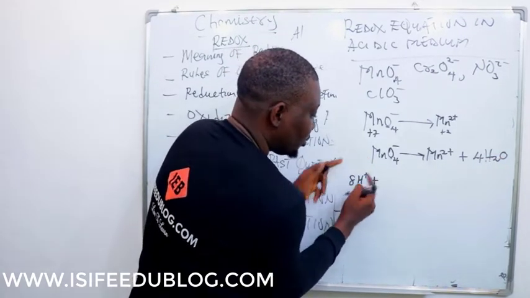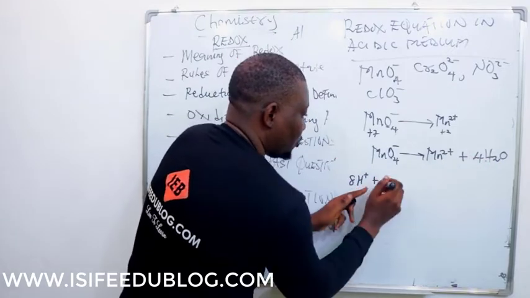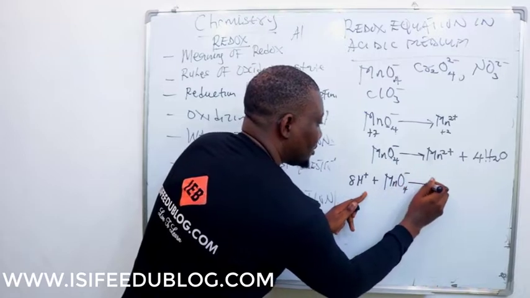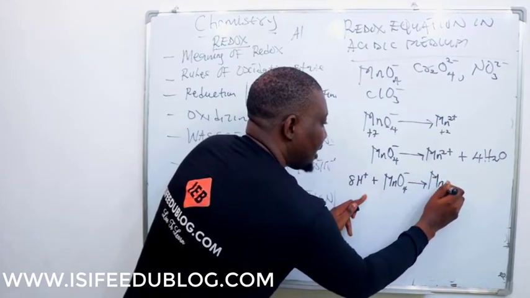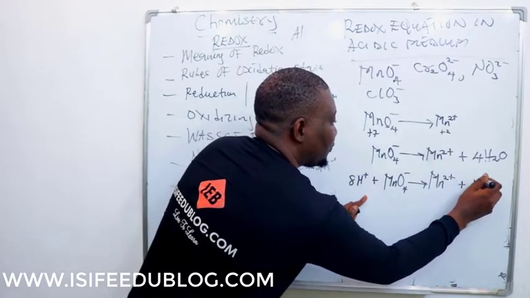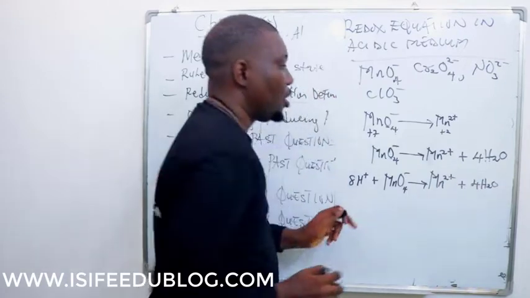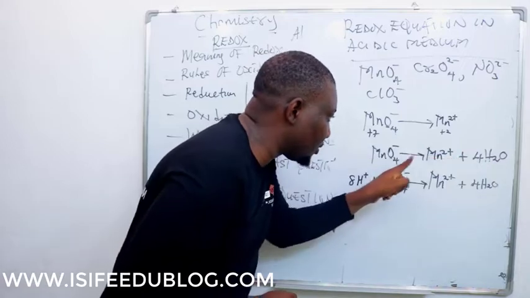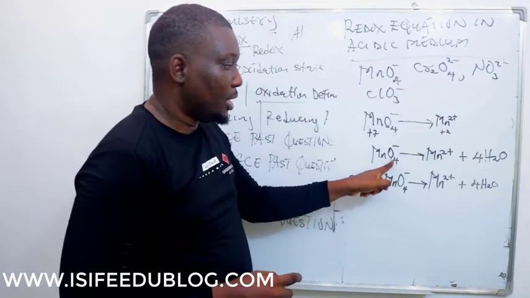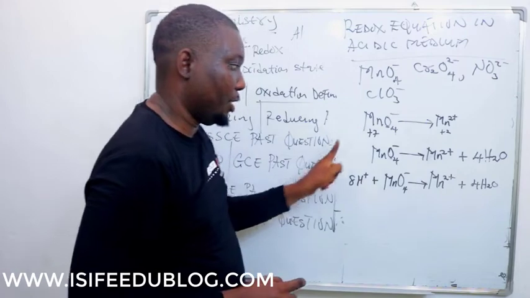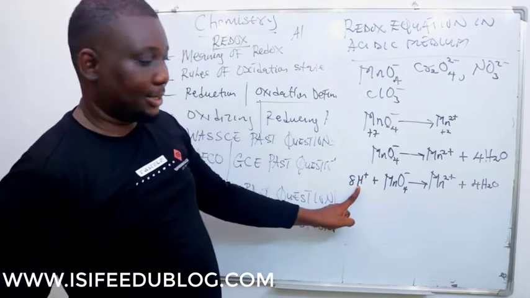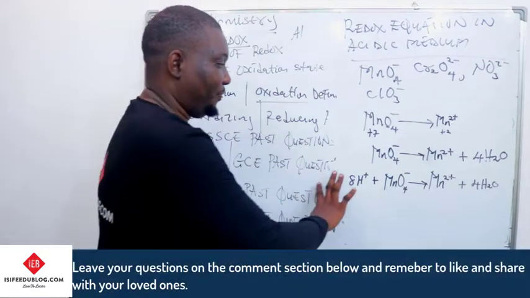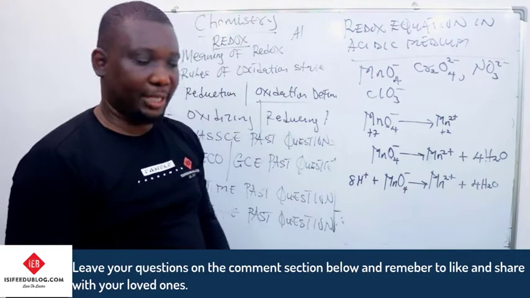This is going to be in acidic medium because of this. So we have 8H+ and MnO4 minus here, and Mn2+ plus 4H2O. Why we added 4 molecules of water is because of oxygen, and since we are balancing this in acidic medium, that means this is from acid. So it seems as if this equation is balanced atomically.